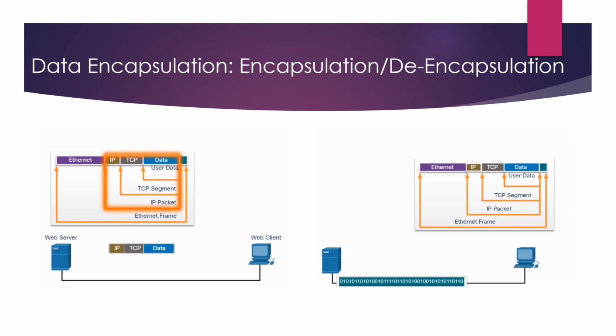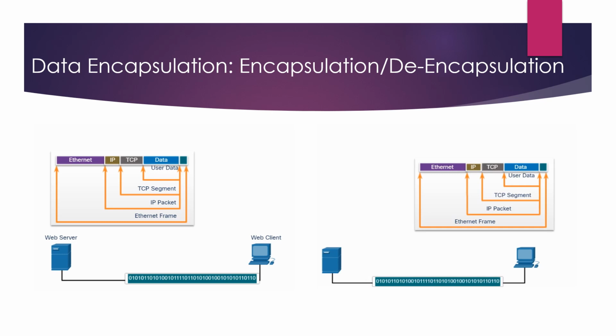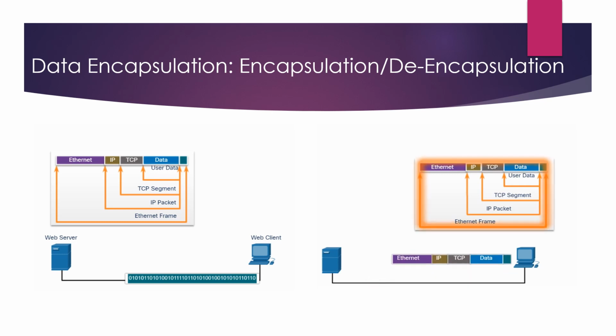As it goes down, at the network layer is the IP header, and the Ethernet frame will have the MAC address header. The second one is the reverse process, called de-encapsulation.